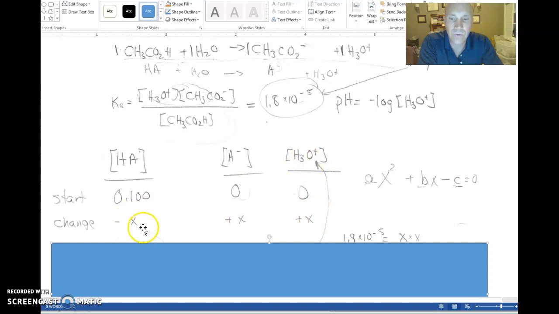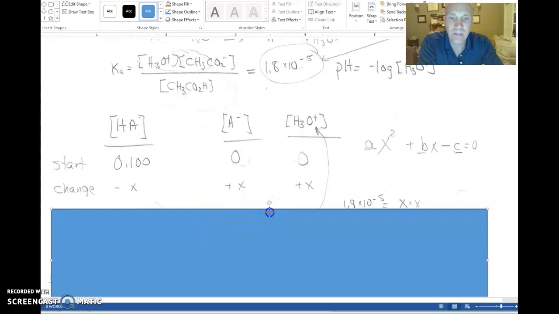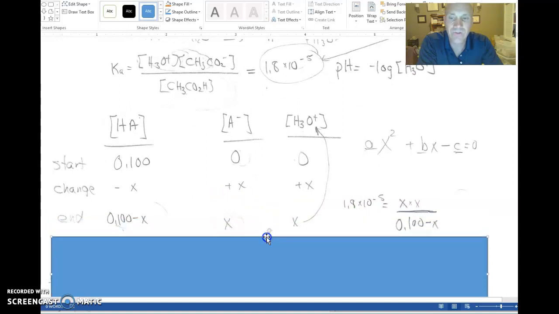So if this goes down by X, these go up by X. We can come up with an expression for the final concentrations. If it started with this and goes down by X, the finished product is 0.1 minus X. And if these were 0 and increased by X, the final would be X.